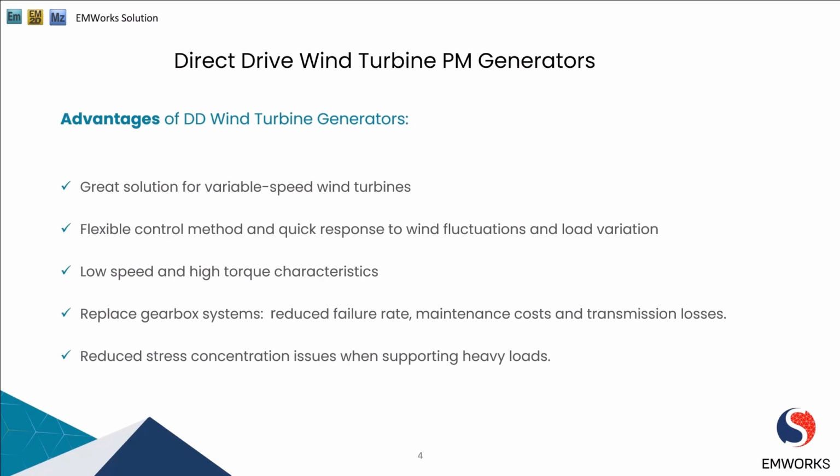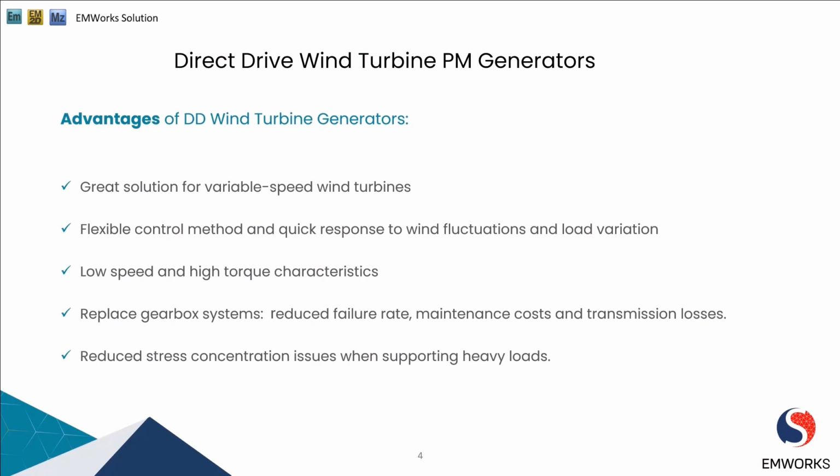Direct drive technology has revolutionized the wind turbine industry, offering a host of benefits that significantly impact the efficiency and reliability of wind turbines. Let's dive into the advantages. One of the primary advantages of direct drive wind turbine generators is their suitability for variable speed wind turbines. This feature allows for optimal performance under varying wind conditions, ultimately enhancing energy output.